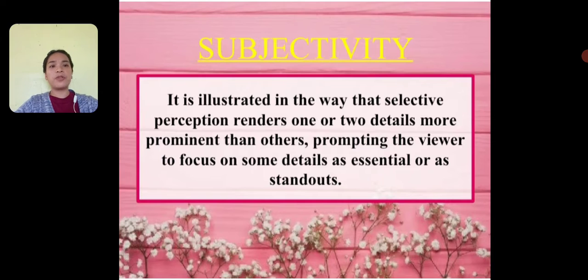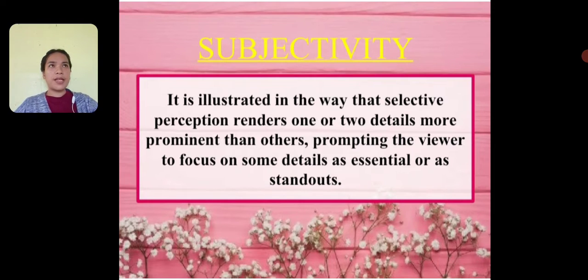Now, what is subjectivity? Subjectivity is illustrated in the way that selective perception renders one or two details more prominent than others, prompting the viewer to focus on some details as essential or as standouts.